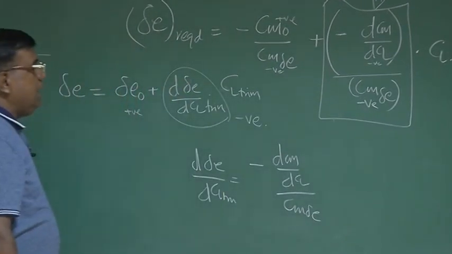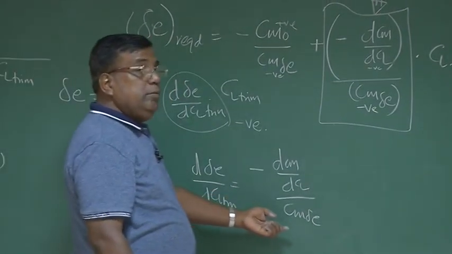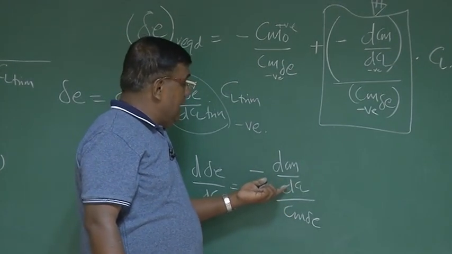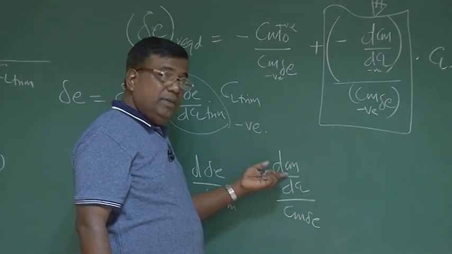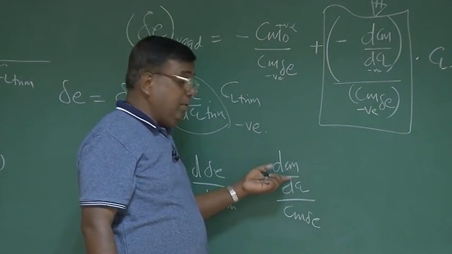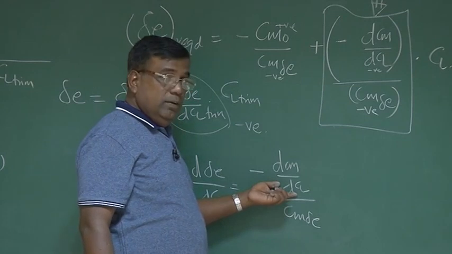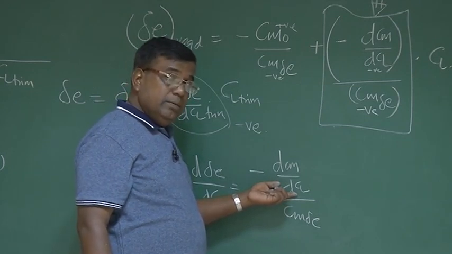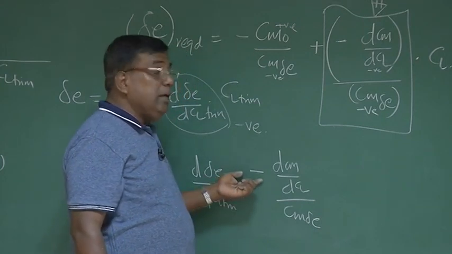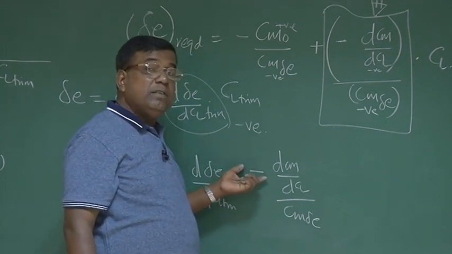If I assume Cm delta E to be constant, it doesn't change with CG location, then as CG is going aft, towards the neutral point for a statically stable airplane, dCm by dCL will become less negative. So the d delta E by dCL trim also will become less negative as far as slope is concerned.